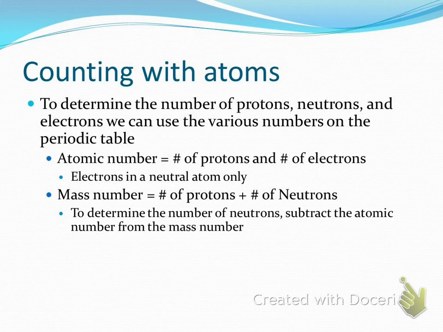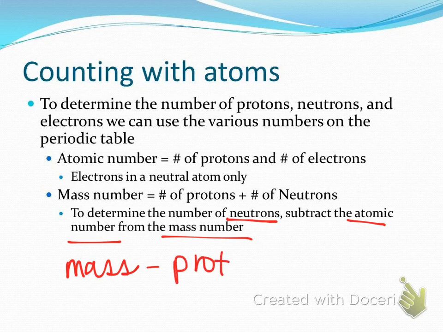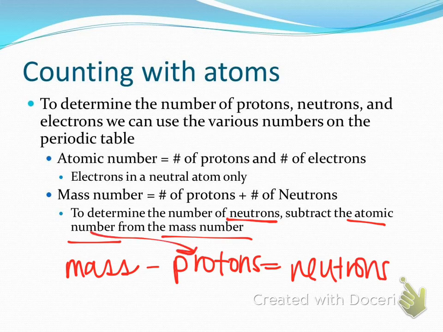So if I want to find the number of neutrons, I would take the atomic number, or the number of protons, away from the atomic mass. So mass minus protons equals neutrons. And atomic number is the same as protons.